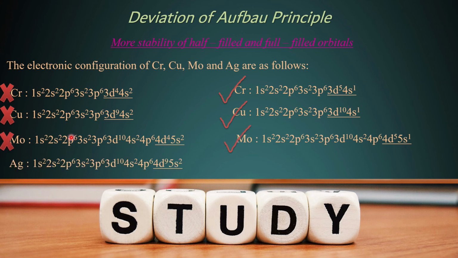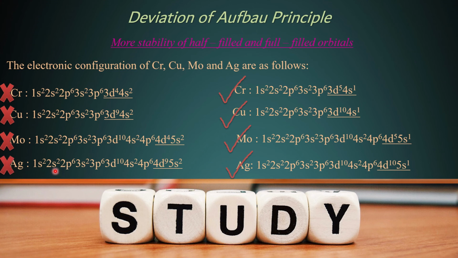In the same way, for silver, if 1 electron goes to the 4d orbital and makes it 4d10, fully filled, then it will get more stability, and the electronic configuration of silver becomes this, and it is more stable than this. So it is the correct electronic configuration and this one is wrong.